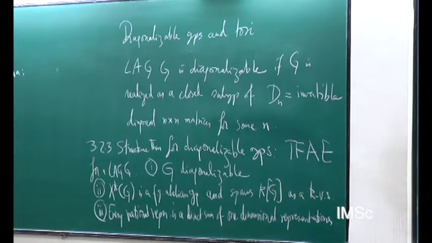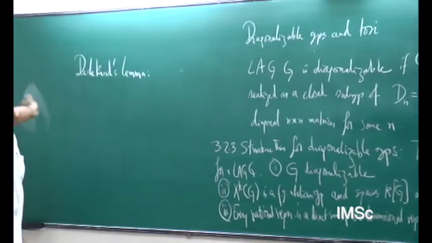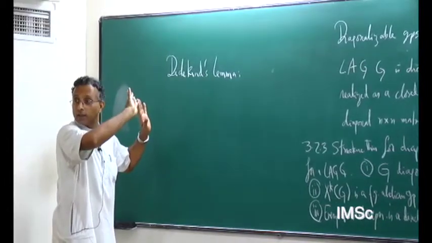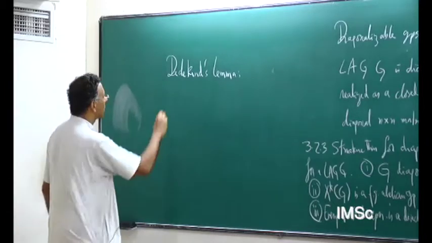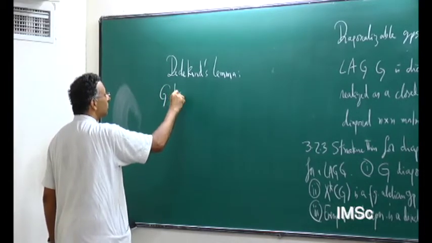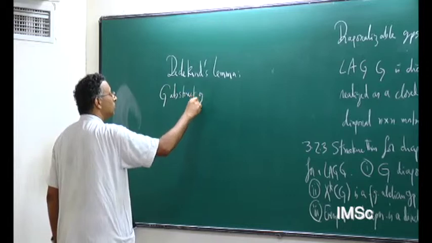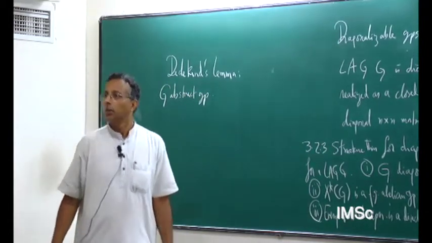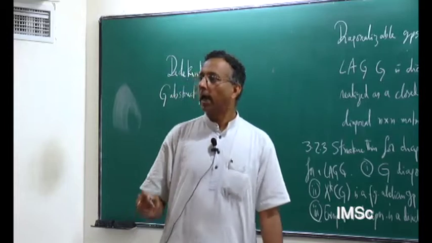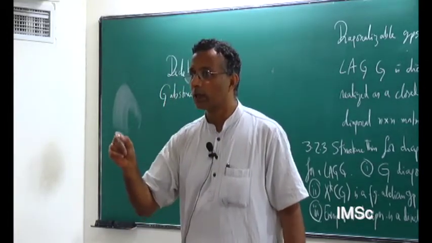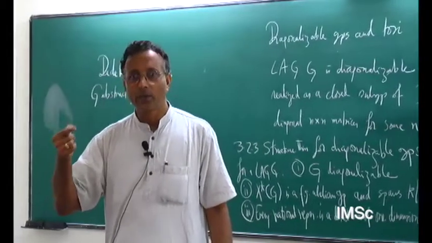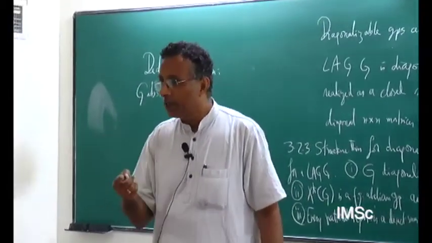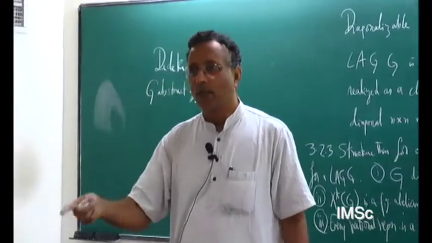So let us recall the statement. This has nothing to do with algebraic groups, just you have a group and a field. It has to do with functions from that group to that field. So G is an abstract group. I repeat, the word abstract may look strange because all groups are abstract groups, but the reason why we say abstract group is to distinguish it from linear algebraic groups.